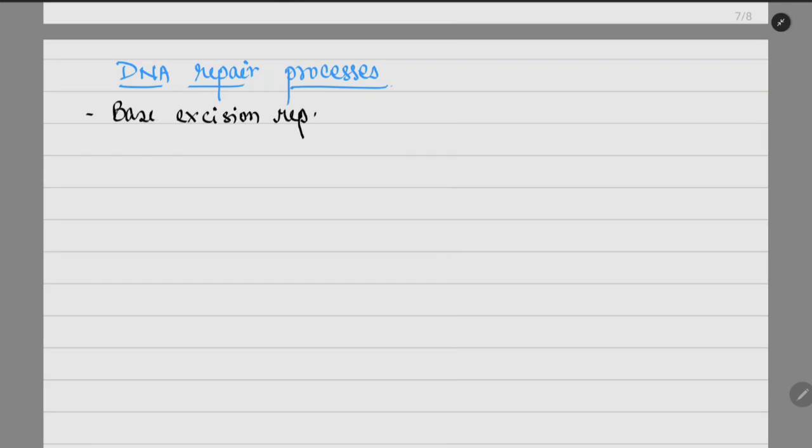So DNA repair processes. Okay, first one is the base excision repair. The second one is the direct repair. Third one is mismatch repair.